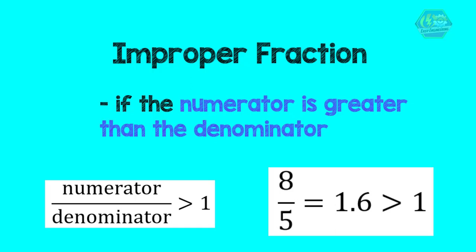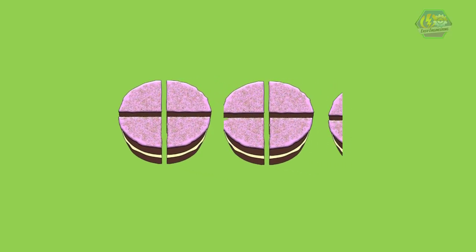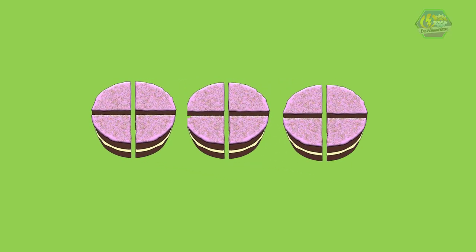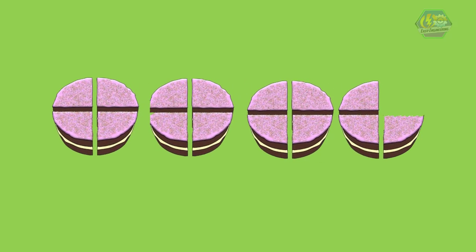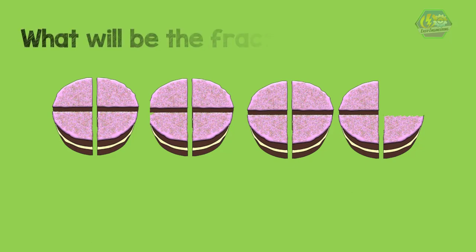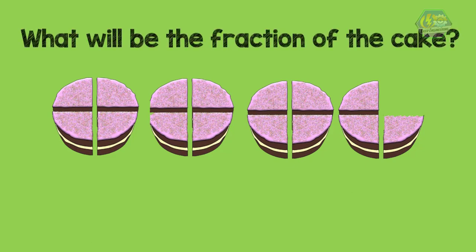Now let's go to another example. There are 3 whole cakes that are divided into 4 parts. The 4th cake is there as well, but someone has taken 1 slice of the cake, leaving only 3 slices, just like what is shown in the video. Now the question is, what will be the fraction of the cake?